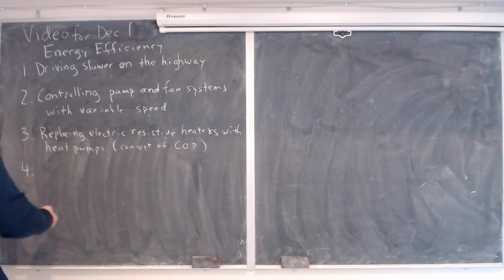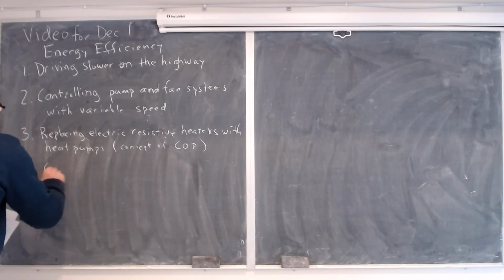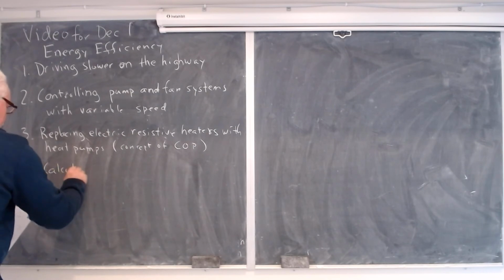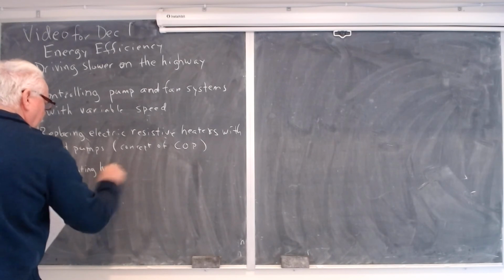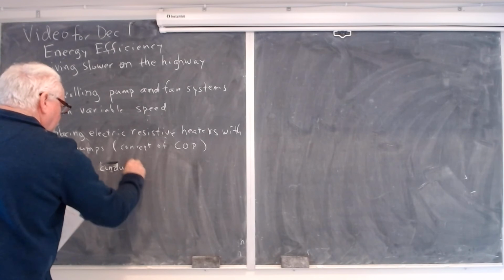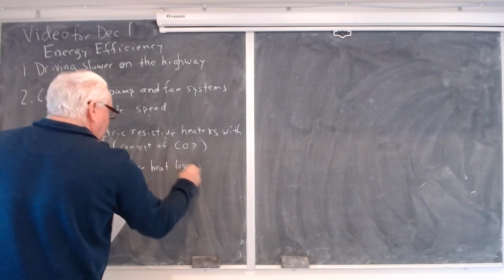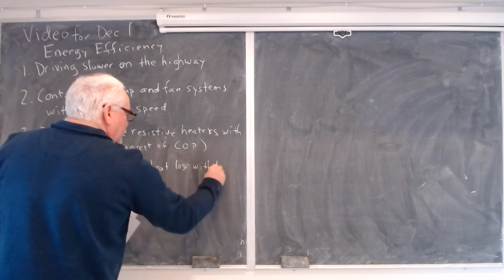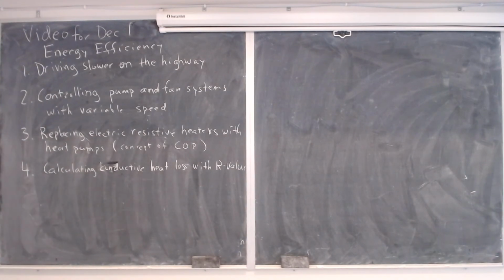The fourth one is purely residential or commercial. It's calculating conductive heat loss with R value, which some of you may recognize as something that represents insulation.